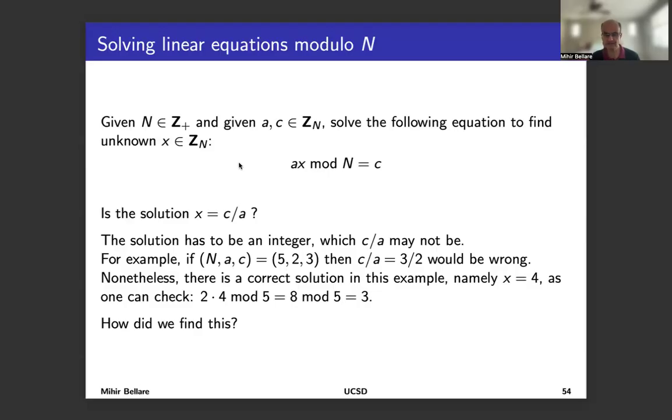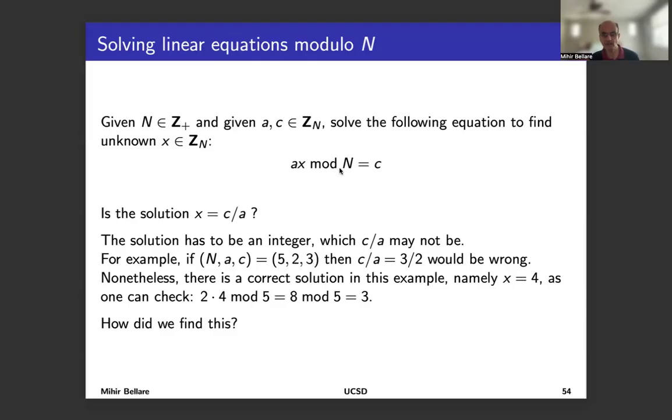However, if you just play with it, you might notice that in this example, by guesswork or trial and error, you can see that there is a solution. For example, x equals 4 works. Why is that? Well, what is a times x? a is 2 and x is 4, so you'll get 8.